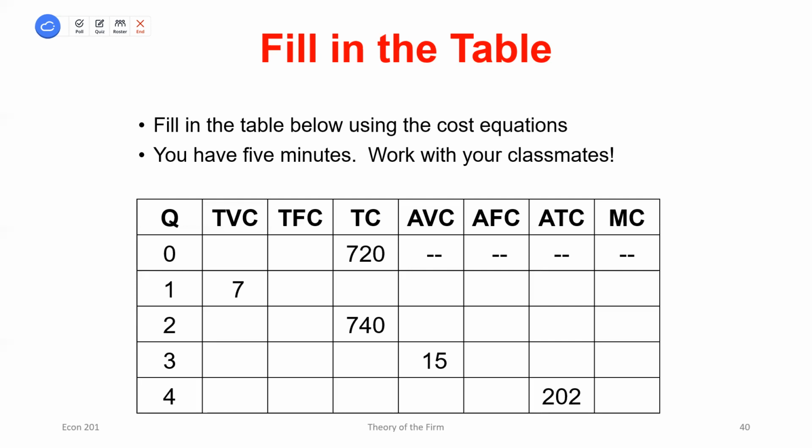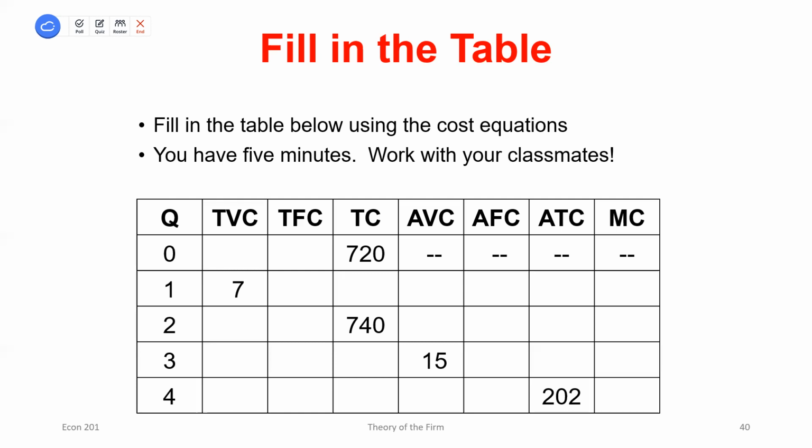So I had enough information. And in the very last row, I've got average total costs of 202. From here, once again, it's going to be a similar strategy. I know the average total cost, which is just my total cost divided by quantity.